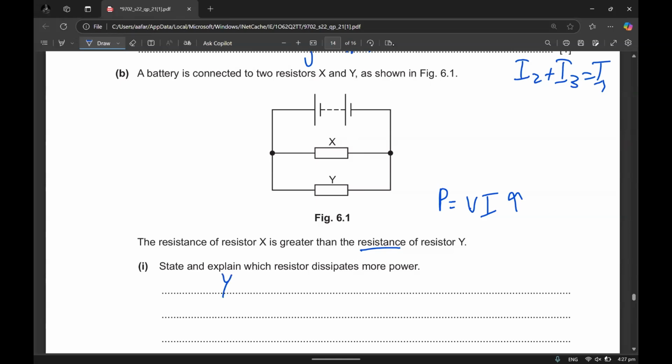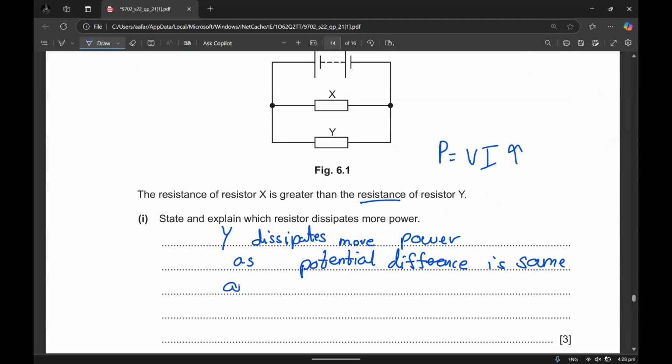So Y dissipates more power as the potential difference is the same and IY is more than IX.